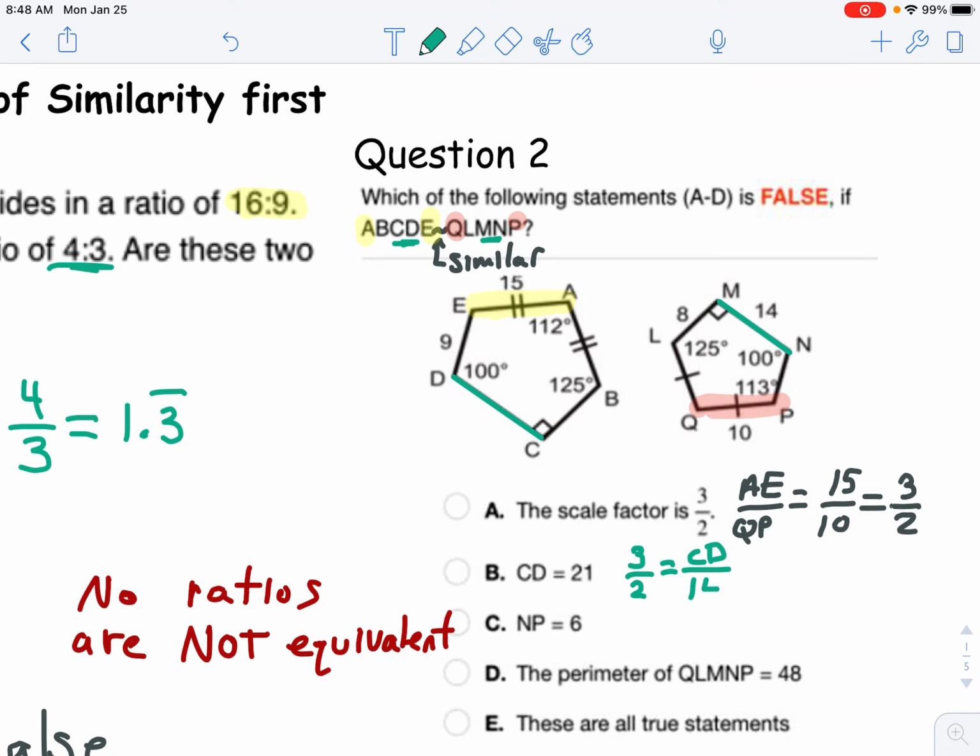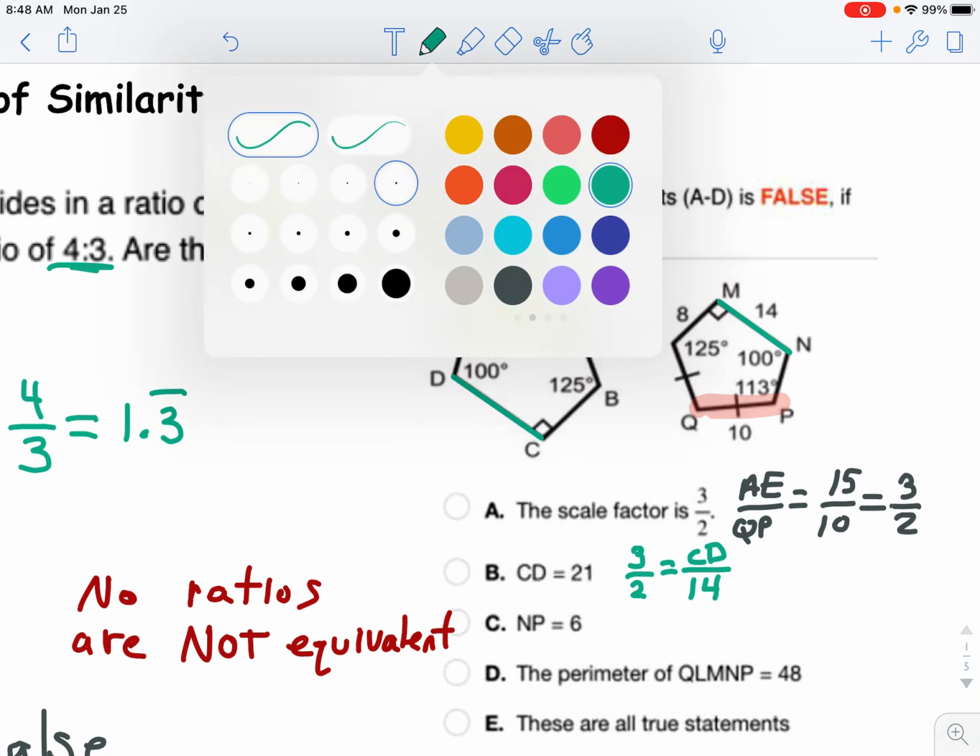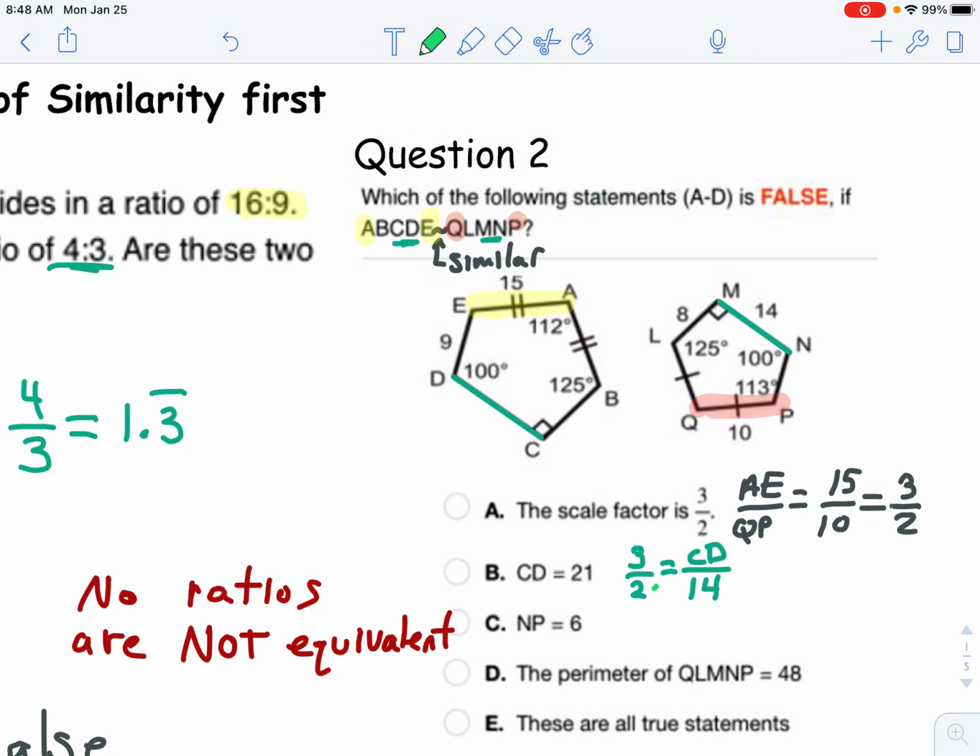Again, similarity statements specifically tell me what corresponds to what. Going to cross multiply, I'm going to get 42 equals 2 times CD, divided by 2, CD equals 21. So that's also true.